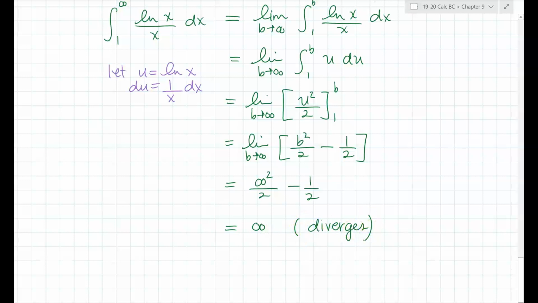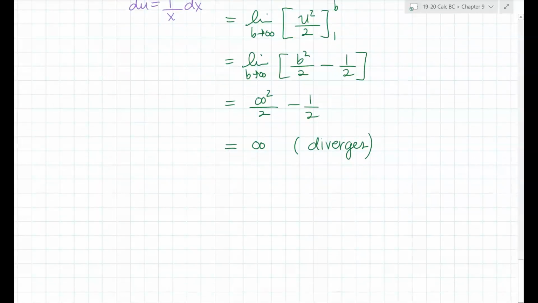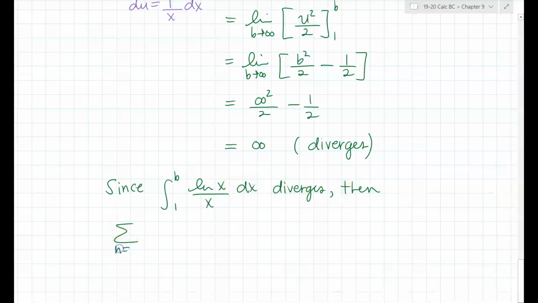Okay, so the integral diverges. And if the integral diverges, then so must the series. So since the integral from 1 to b of ln of x over x dx diverges, then the series as n goes from 1 to infinity of ln of n over n also must diverge.